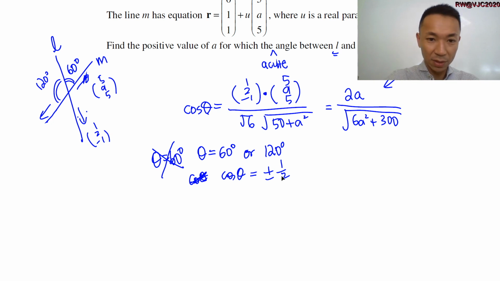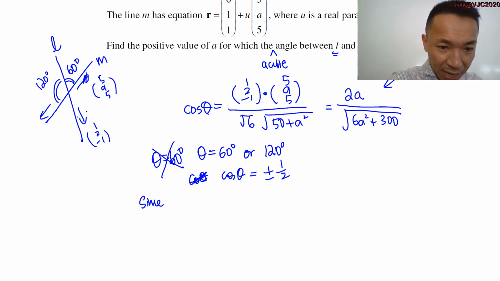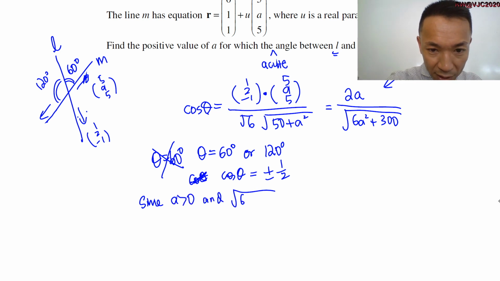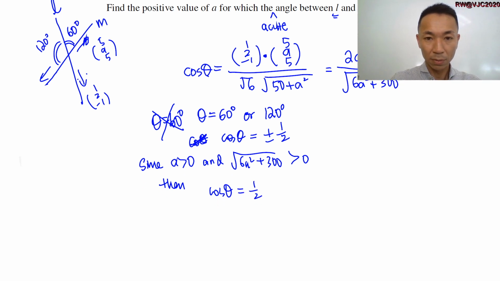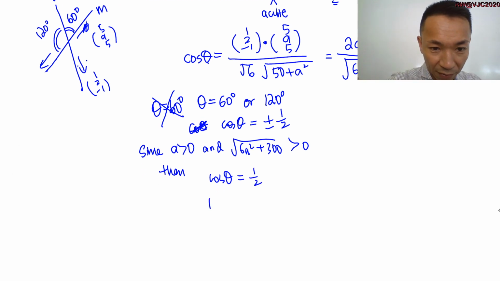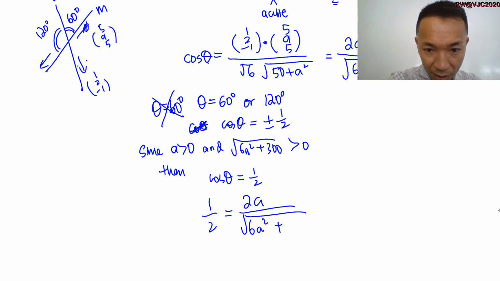So therefore, since a is positive and square root of 6a squared plus 300 is also positive, then cosine theta must be half. That means you have half equals 2a over square root of 6a squared plus 300.